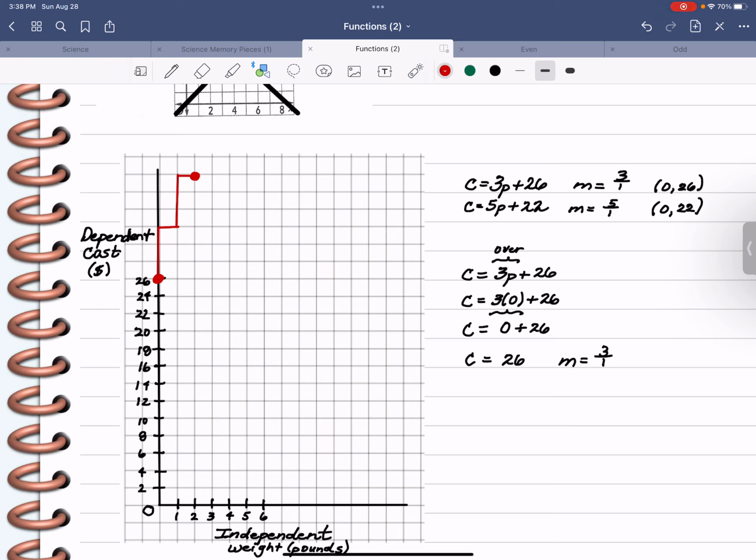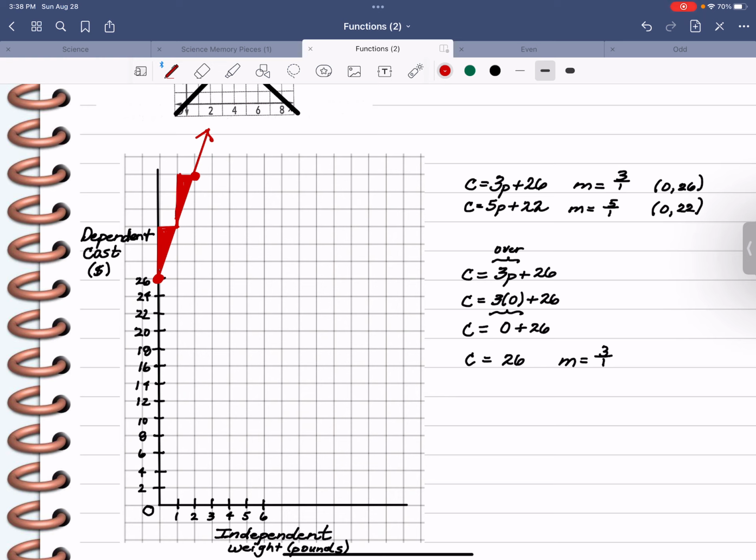So the equation for the first airline is something like this. That's that 3 to 1 slope. I rise 3 and I run 1. So if I don't bring any luggage at all, I would still owe that flat fee, even though I'm not using the luggage.